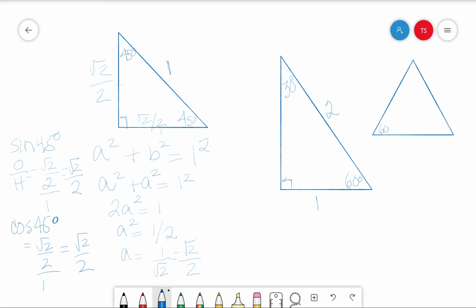If I have an equilateral triangle where all of my angles are 60 degrees, and then I decide to bisect it like this, and let's say this side's 2, 2, 2, then if I bisect it, I'm dividing this both in half.